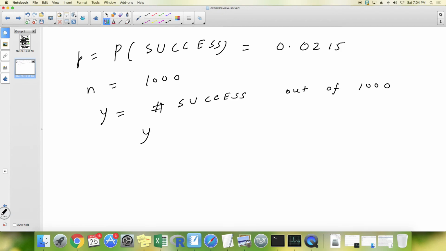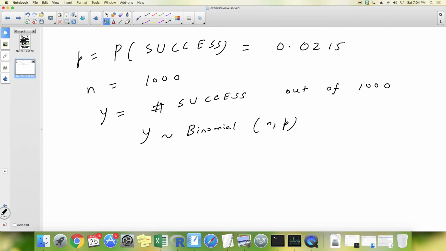So we know that Y follows binomial N, P. So each egg is a trial, and for each egg we can get success or failure. So Y follows binomial N, P.